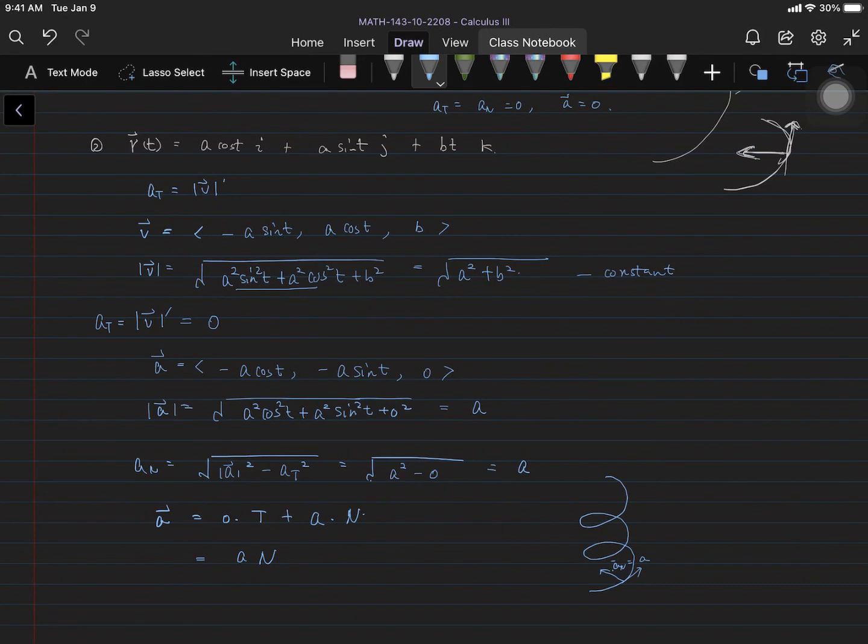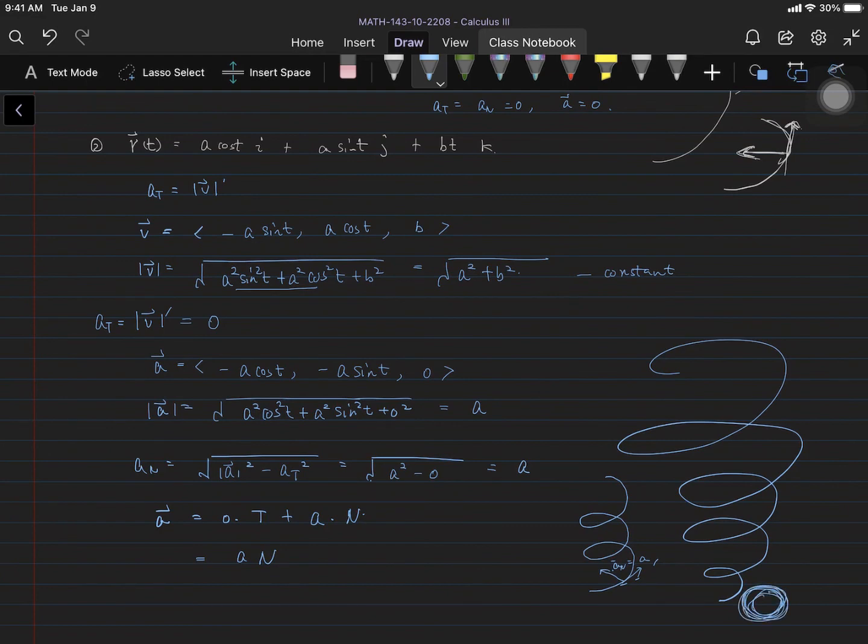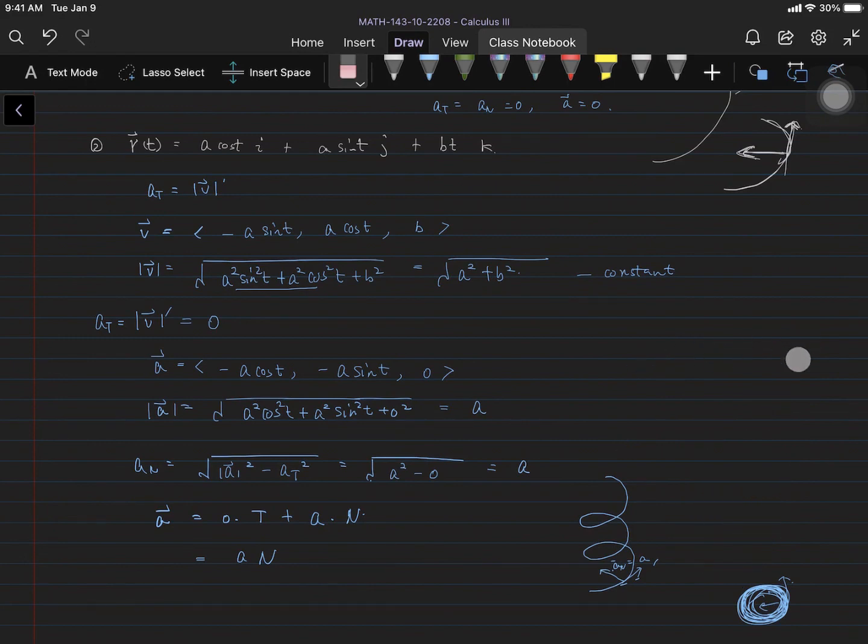Otherwise, it will go out. If it looked like this, that would mean it has tangential acceleration. But it's always turning back into a circle. If we just look from the top, it's going to run like this. Okay, so there's no tangential acceleration. It only has inside, a normal acceleration.